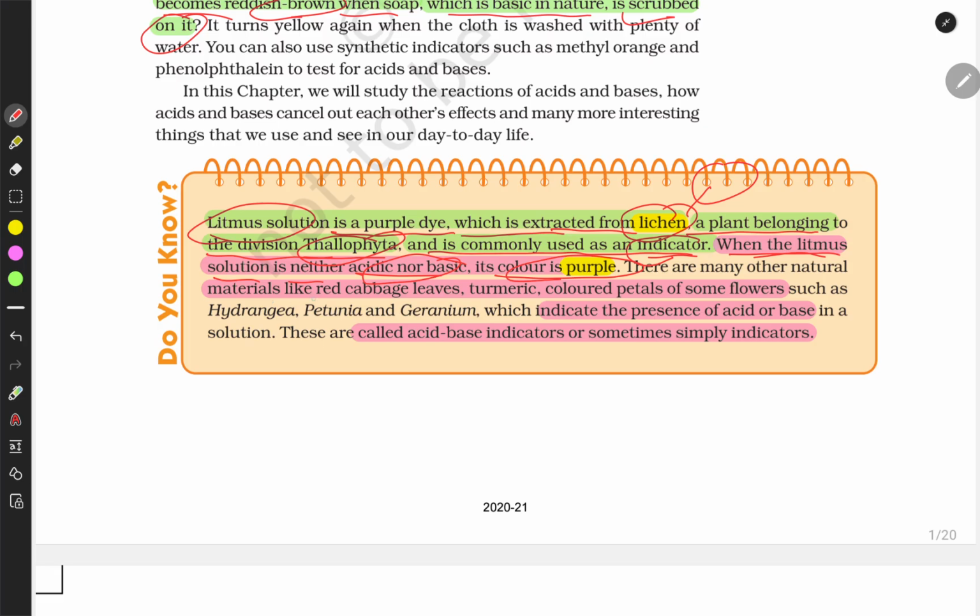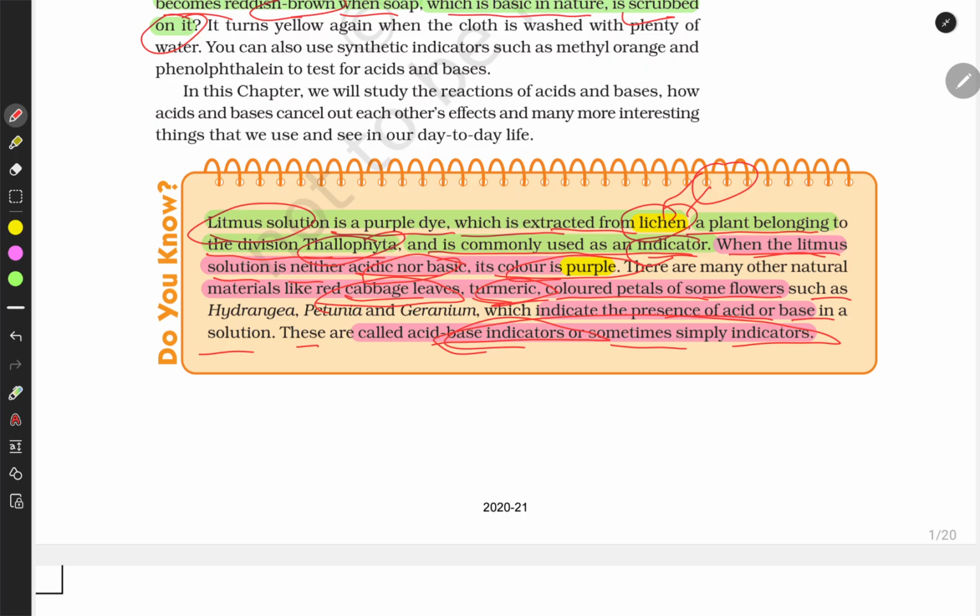Materials like red cabbage leaves, turmeric, and colored petals of some flowers such as hydrangea and petunia indicate the presence of acid and bases in a solution, and these are called acid-base indicators, or simply indicators.